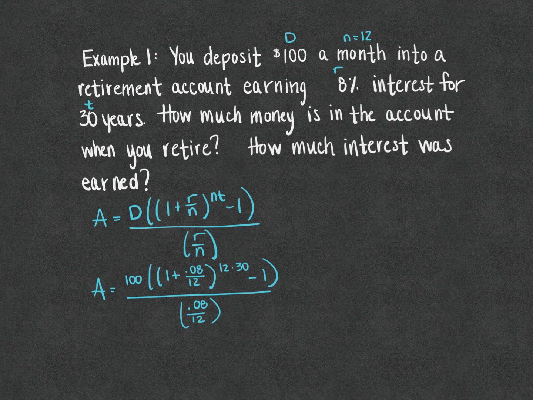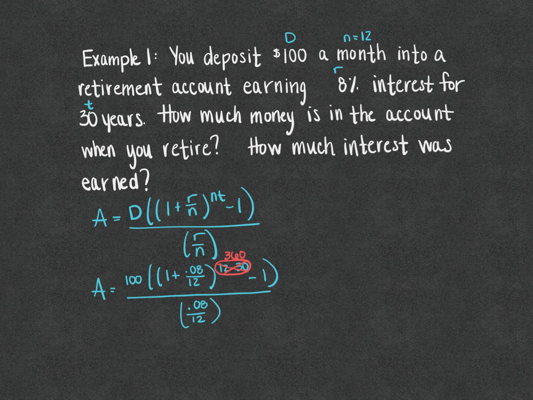And when you do this calculation on your calculator, this 12 times 30 can sometimes be a little problematic in terms of entering it as a multiplication problem. And so I am going to go ahead and just make it a 360 and get that part out of the way. And then when you type all of that into your calculator, and I do have something on the next screen that will show you how to do that.